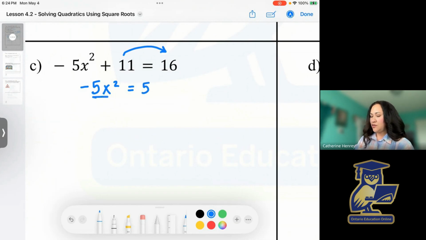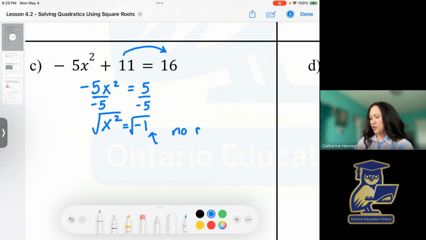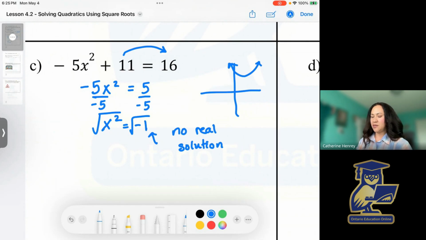If I divide by negative 5, it changes signs, so we have x squared equals negative 1. Well, you can go ahead and try it if you want to, but you can't take the square root of a negative number. So this is not allowed. So here we have no real solutions. Basically, what that means is that on a graph, you have a parabola that doesn't touch the x-axis at all. Something like that.